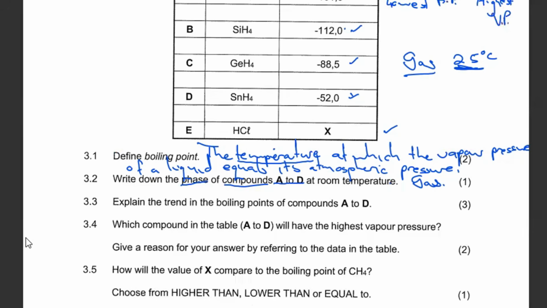Whenever you have a lower BP, you have a higher VP. You could have guessed this one and got it correct. So the letter A is the correct answer; A is going to have the highest vapor pressure.